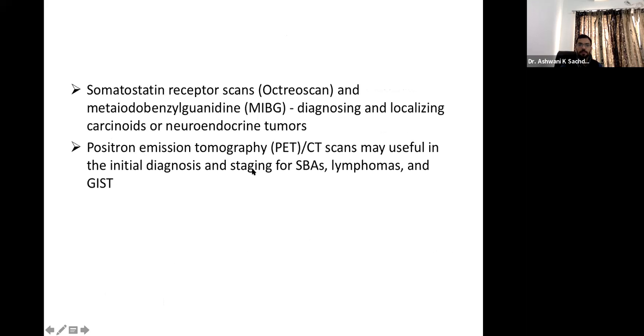PET scan may be useful for initial diagnosis and staging of small bowel adenocarcinoma, lymphomas, and GIST. FDG PET is used for small bowel adenocarcinoma, lymphoma, and GIST, but gallium dotatate PET scan can be used for carcinoid and neuroendocrine tumors.